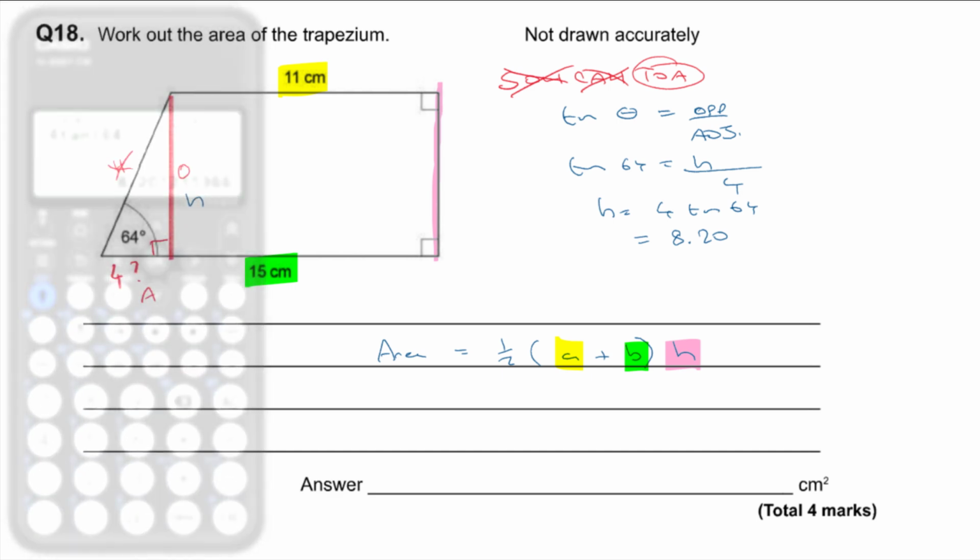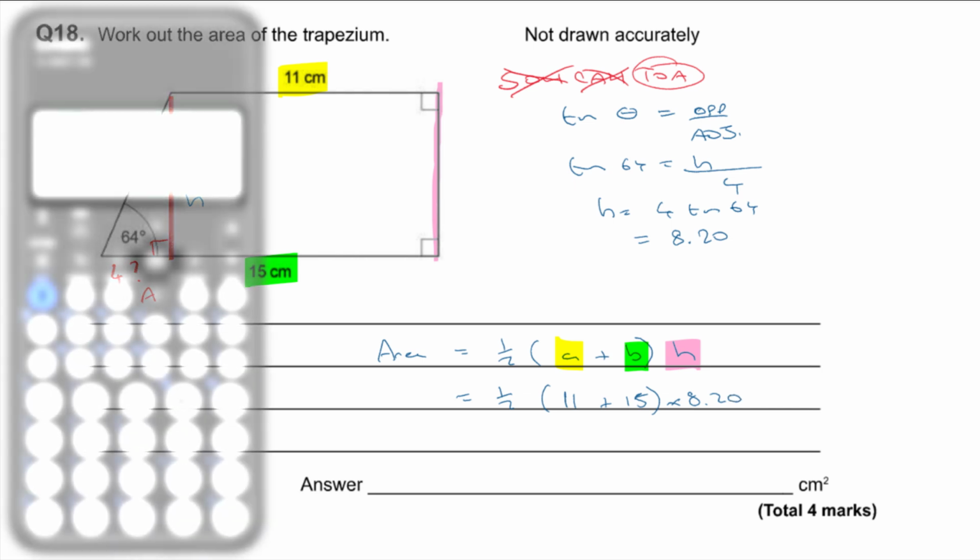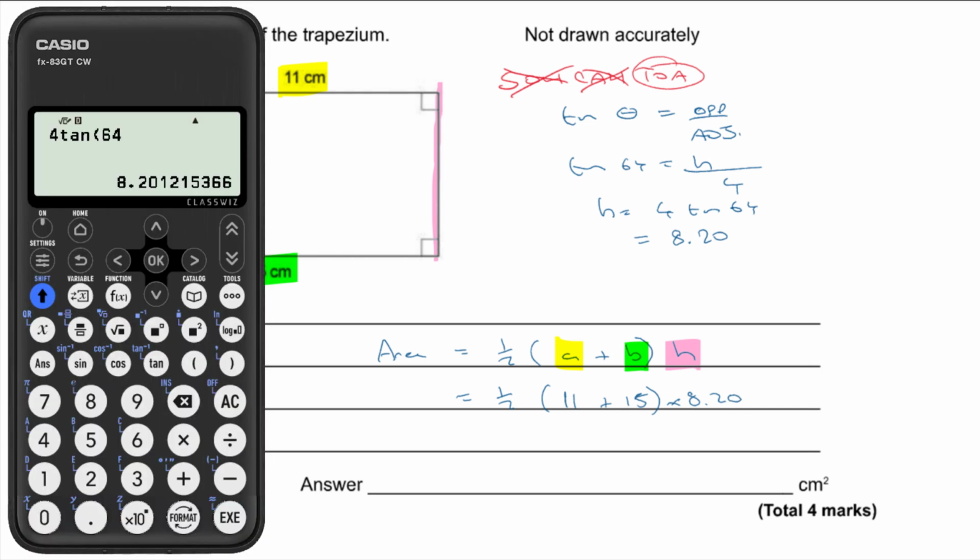Okay, so again, I'm going to retain that value in my calculator for my next calculation. Let's just sub in what I've got. I've got half times (11 plus 15) times 8.2 then, isn't it? Okay, so I'm going to just use my answer key to type that in at the end then.